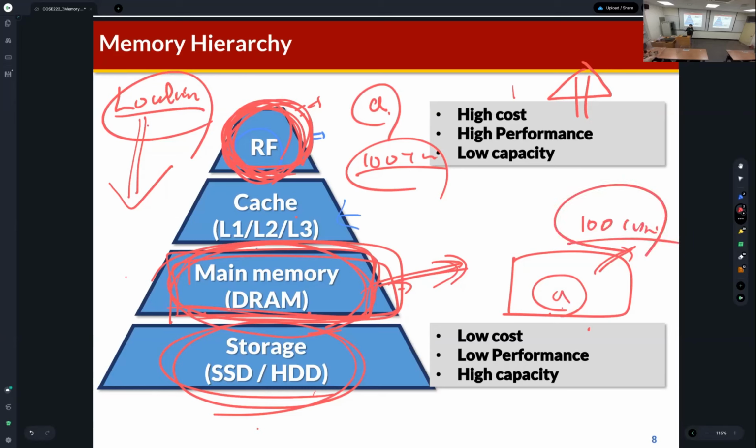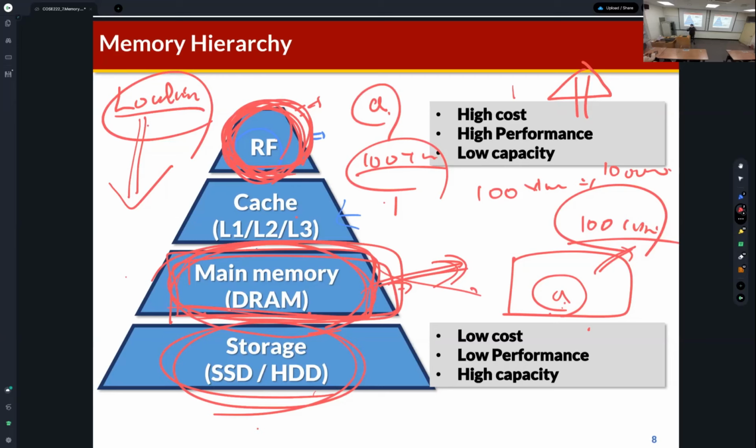Then how many cycles are taken for accessing A? 100 multiplied by 100 is about 10,000 cycles, right? What's the problem? Our program frequently uses variable A, but if A is found in the main memory, it will consume 10,000 cycles.